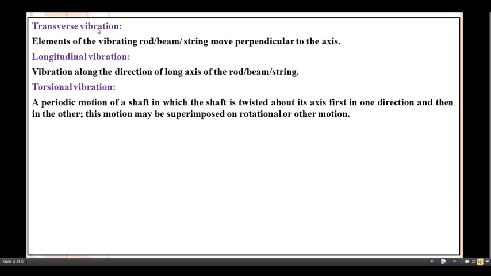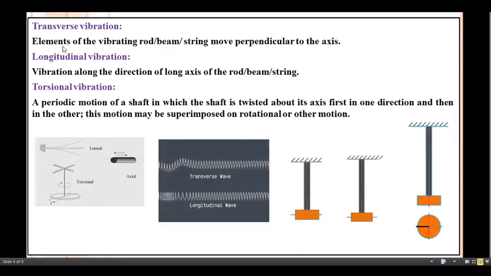The next one is the transverse vibration. Here, elements of a vibrating rod, beam or string move perpendicular to the axis. This is the case of transverse vibration. Suppose I consider a disc attached at the end of this beam.